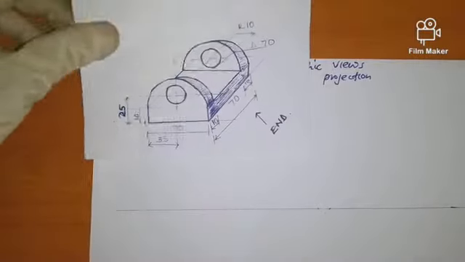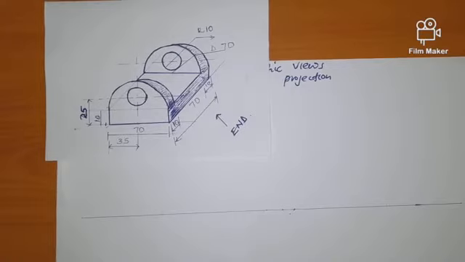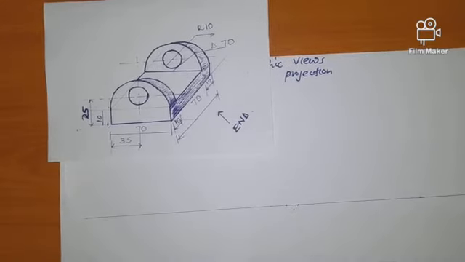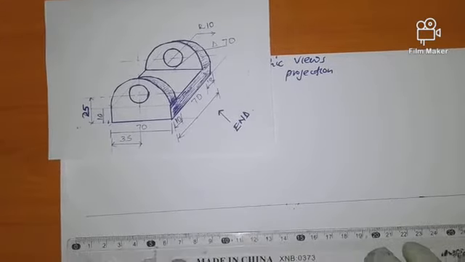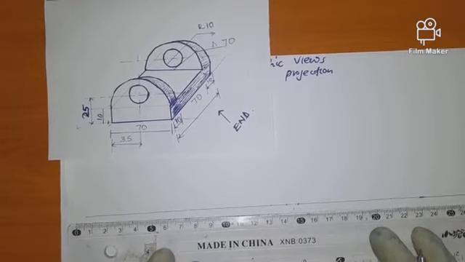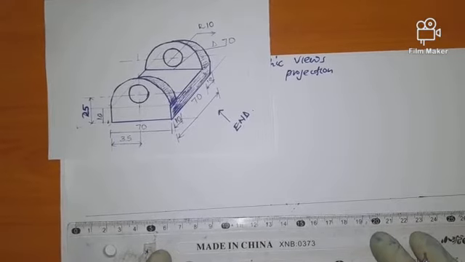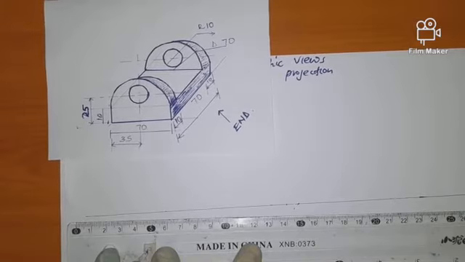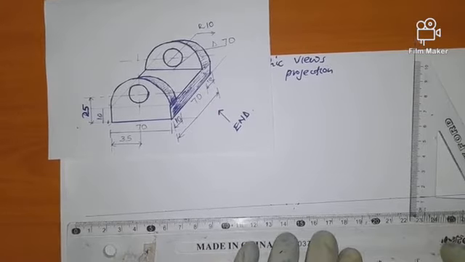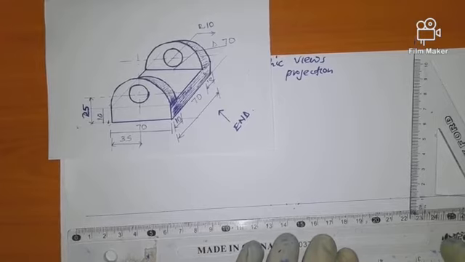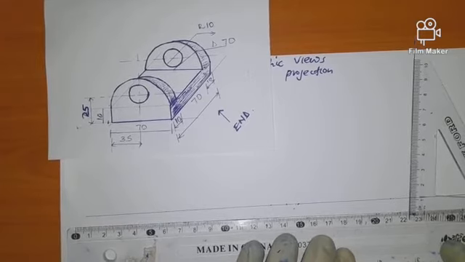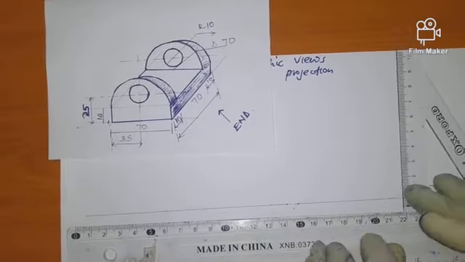Now let's draw our front elevation. You see, with set square and T-square, we can draw the vertical sides. You can have this.